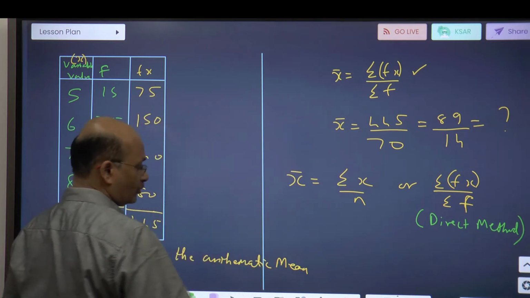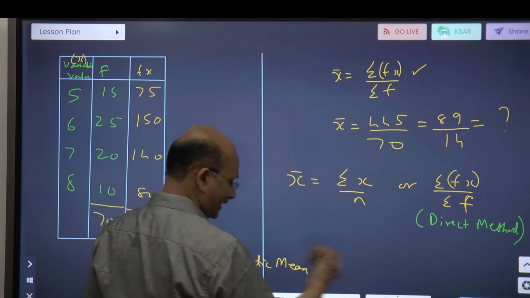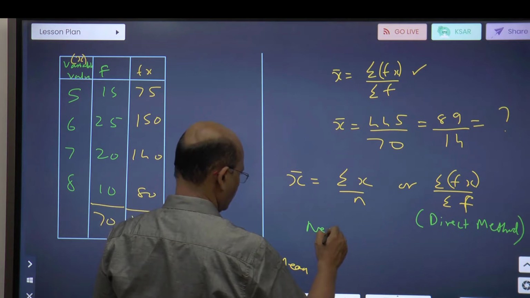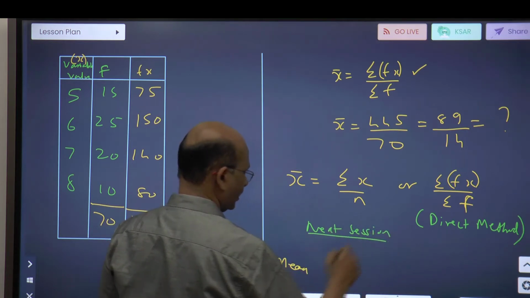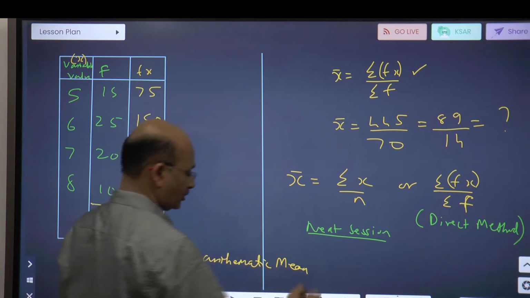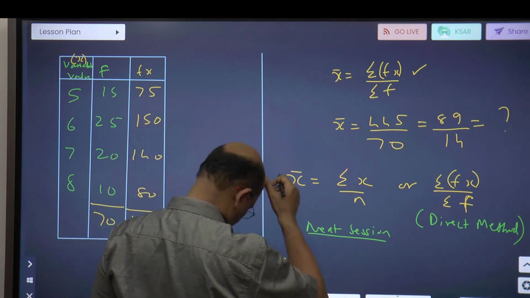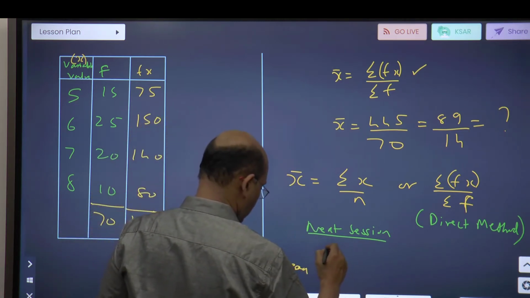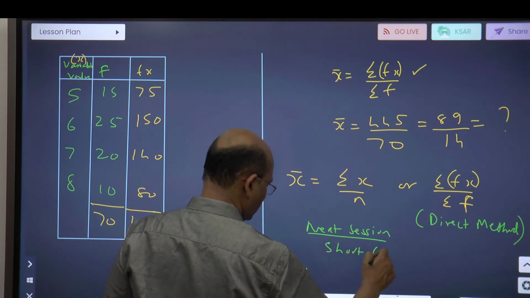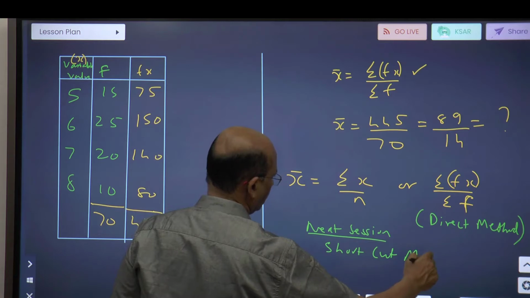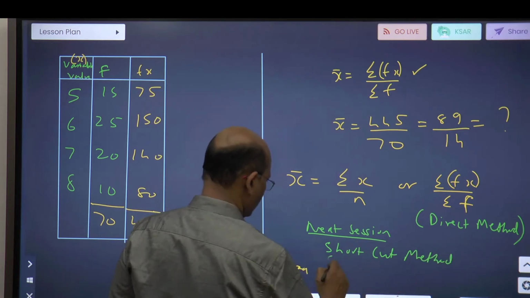The other two methods which you are going to study tomorrow in the next session are the shortcut method and the step deviation method.